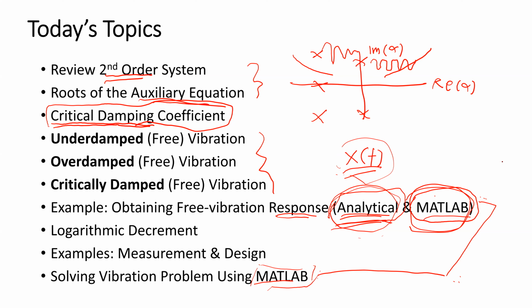After the class, you can put in different types of initial conditions, different values of mass, spring, and damper, and also different initial conditions x0 and v0.